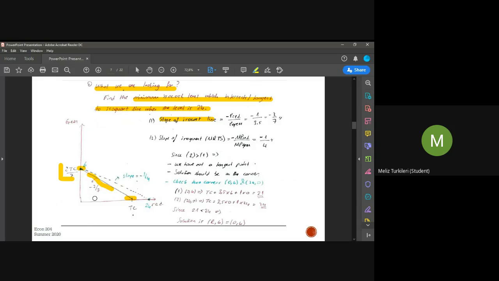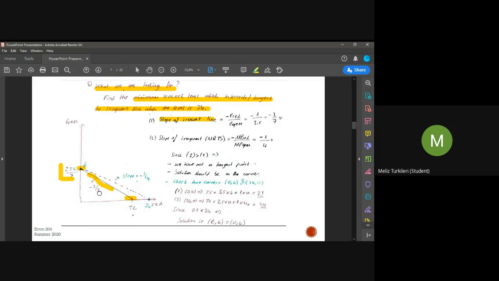So if you find the slope of this line, it is equal to negative 2 divided by 7. I just take the slope of this line, okay, it is equal to this level divided by this level. So it's equal to 2 divided by 7.